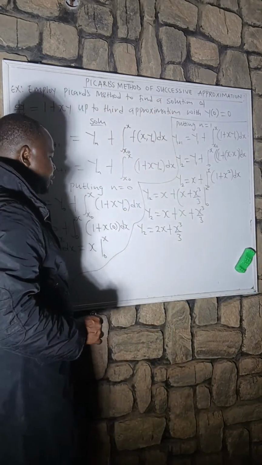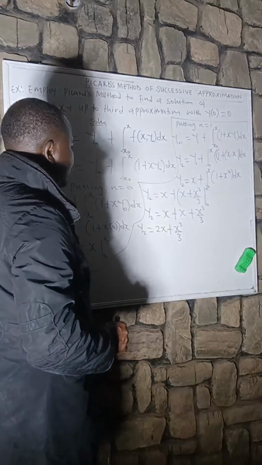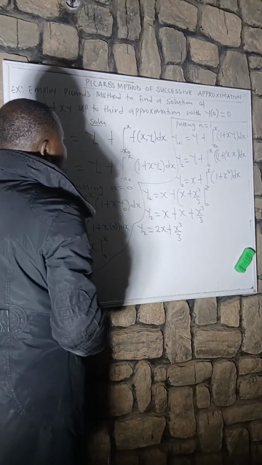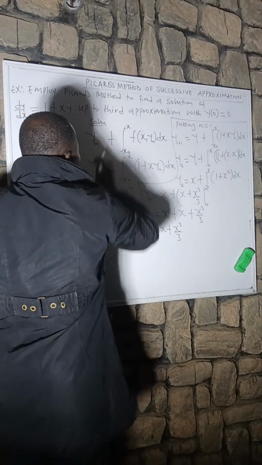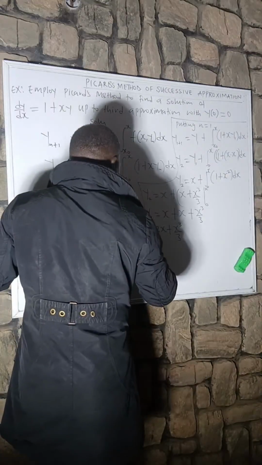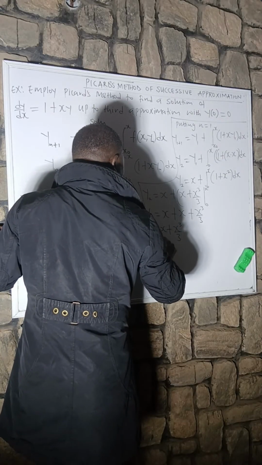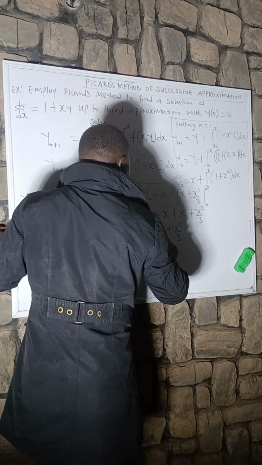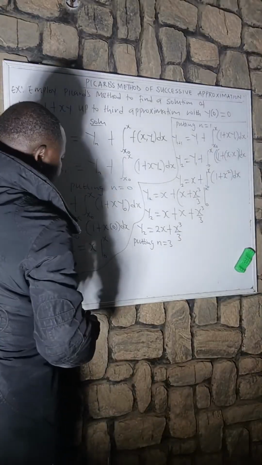Do you agree with me? So now what we need to do here is we have to put in y equals to 2 because up to third approximation. So putting n equals to 3. So we have to come back here.